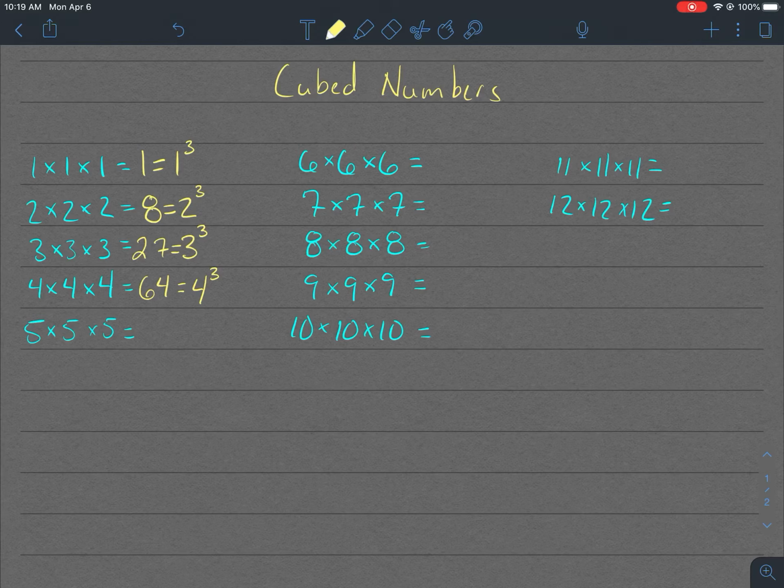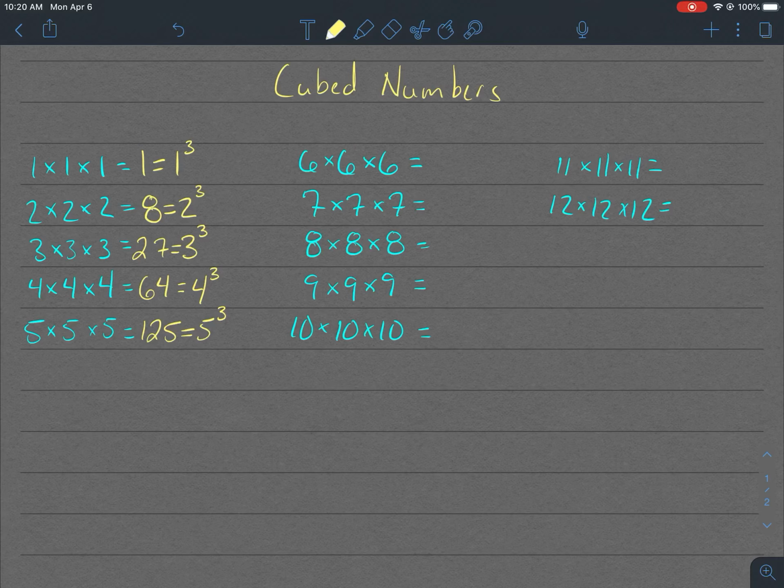Repeated multiplication is exponential. Okay, the next one, we have 5 times 5 times 5. Well 5 times 5 is 25, and then times it by 5 again, you get 125, which is equal to 5 cubed.